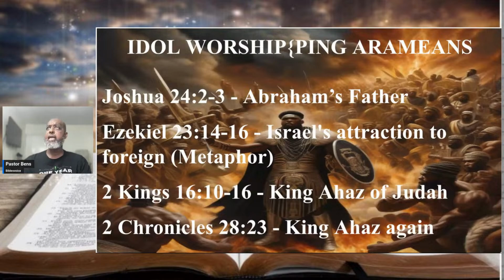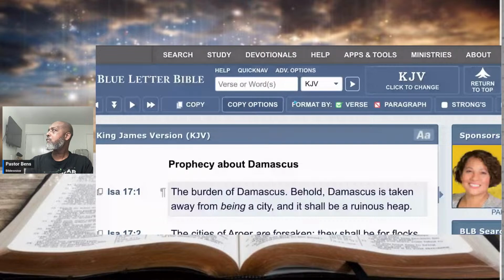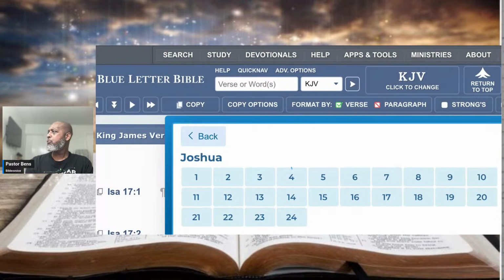Idol worshiping Aramaeans. Let's go to Joshua 24, verse 2 and 3. I need to show you the origins because we need to understand.